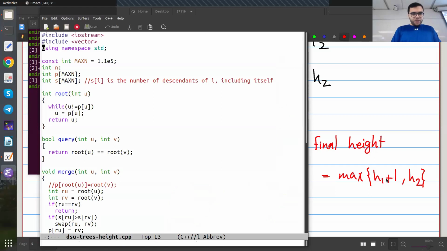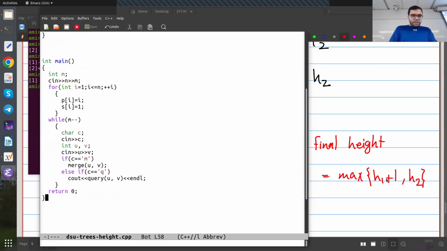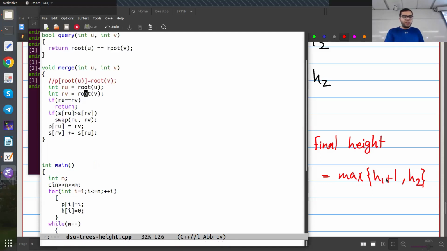Okay, so instead of keeping track of that, I'm just going to have an H, and H[i] is the height of the subtree rooted at vertex i. Again, originally the heights are 0, so I would set H[i] to 0. Actually, I don't even need to write this. It would automatically put 0 anyway.